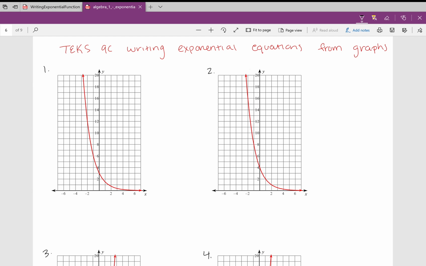Okay. So let's start off by writing what an exponential equation looks like. You guys have seen this multiple times.